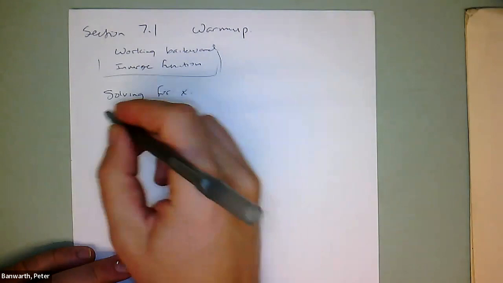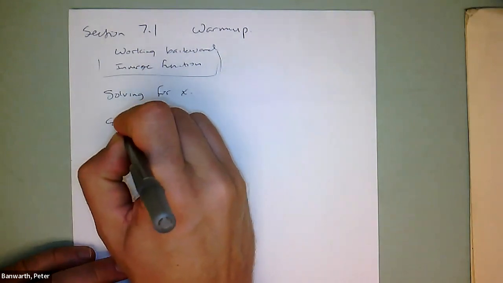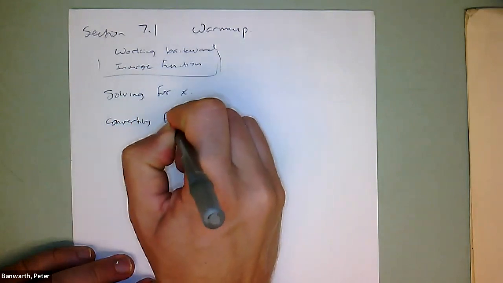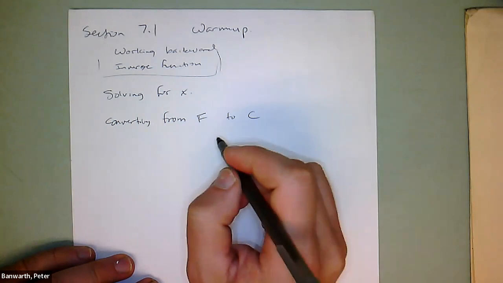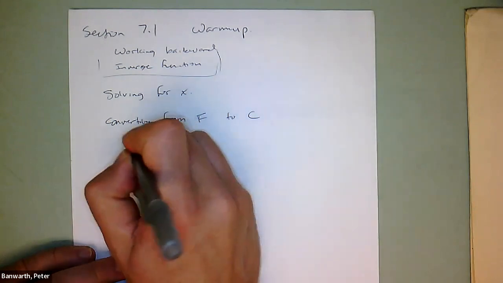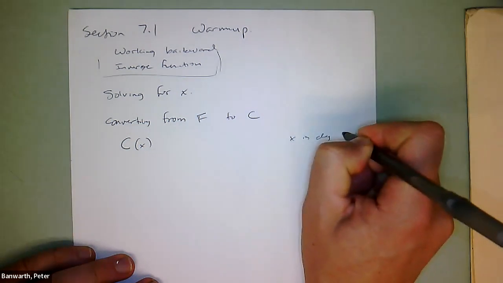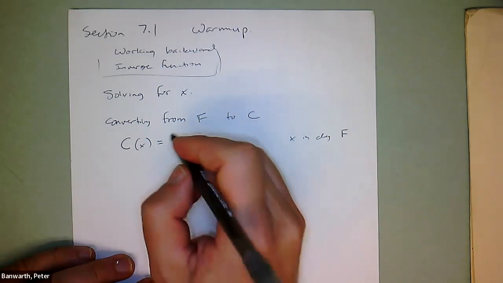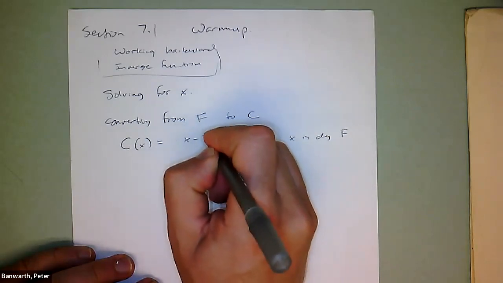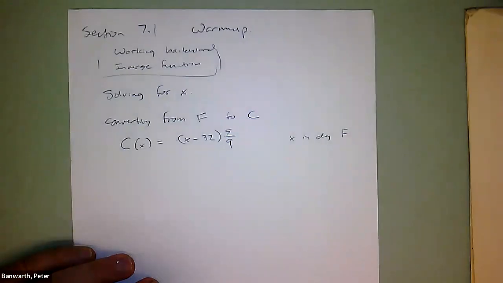So if we start with our warm-up, and we have converting from Fahrenheit to Celsius. To convert from Fahrenheit to Celsius, you can do C of x, where x is degrees Fahrenheit, is x minus 32 times 5 over 9.